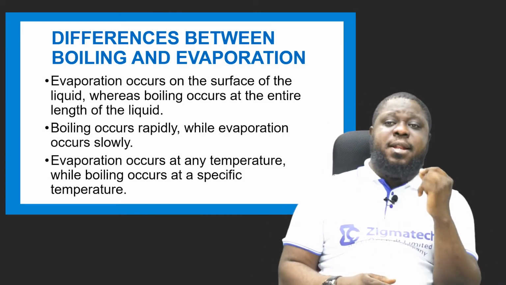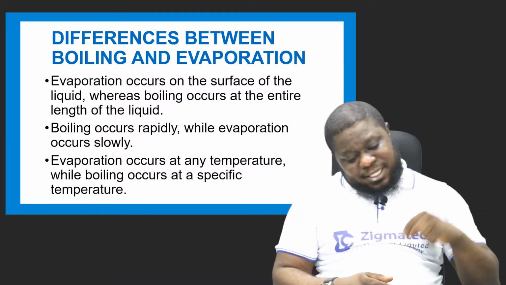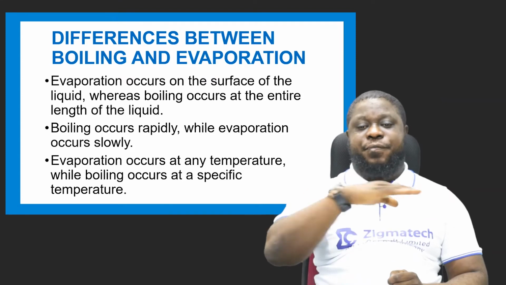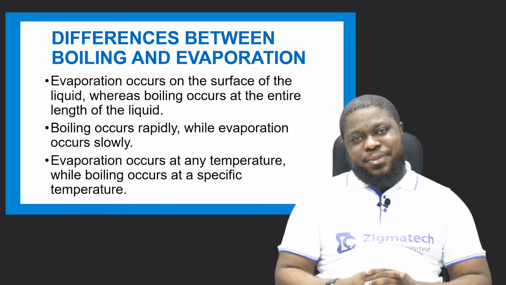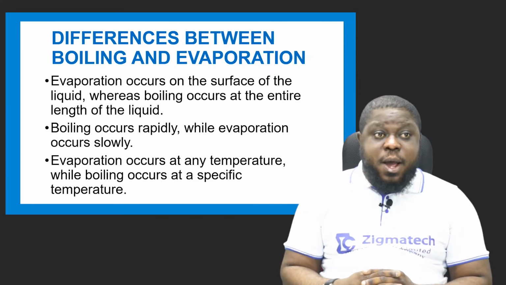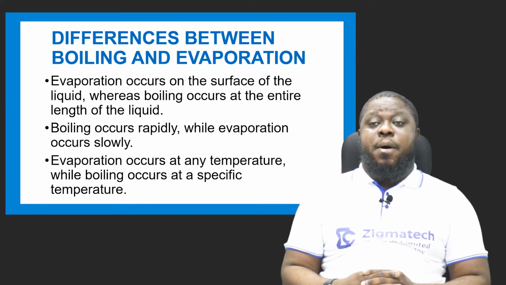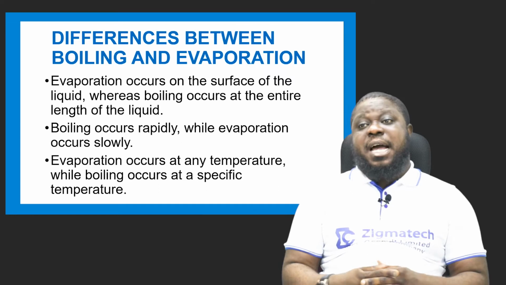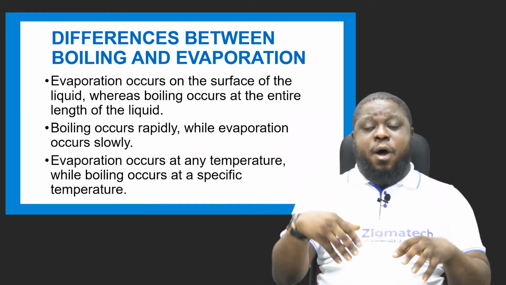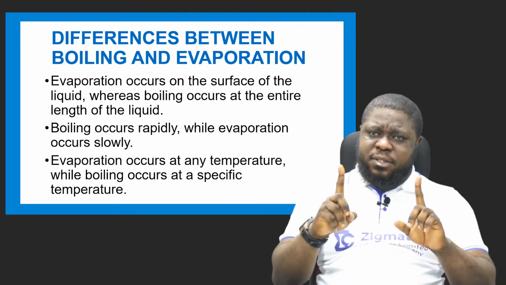But in boiling, the boiling starts from the bottom of the liquid to the surface of the liquid. If you put the water on the fire, look at the water very well. You see the molecules traveling from the bottom to the surface. In essence, they are carrying all their energy from the bottom to the surface.